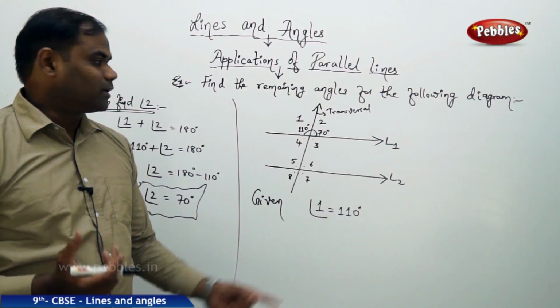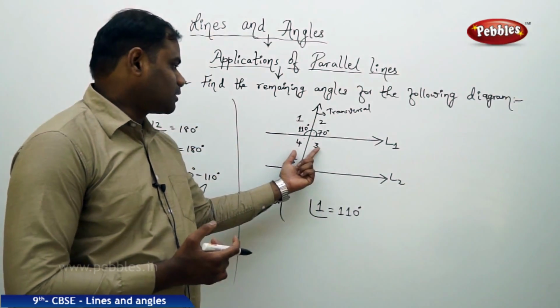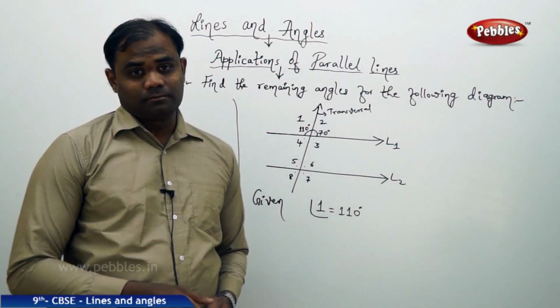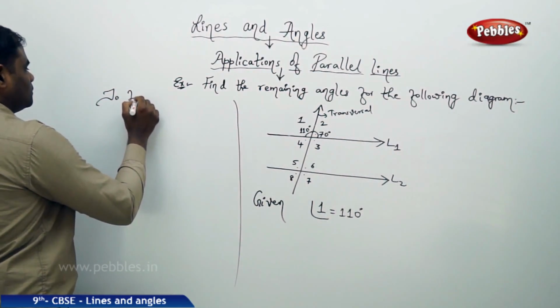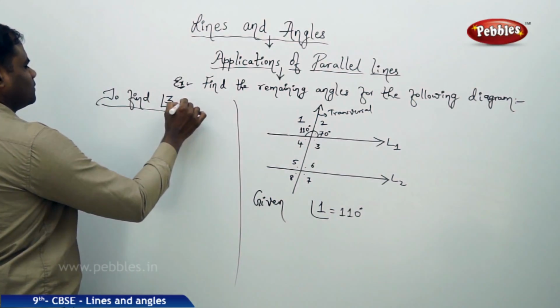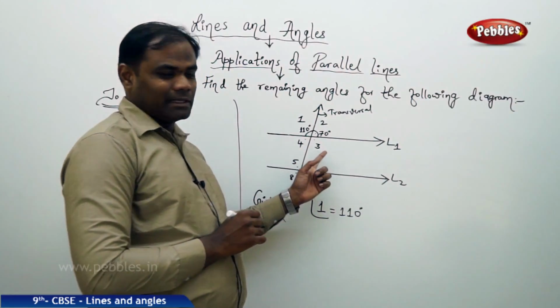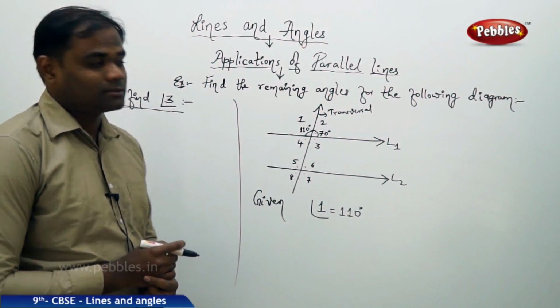Now let's find angle 3. To find angle 3, clearly I see angle 1 and angle 3 to be vertically opposite angles.